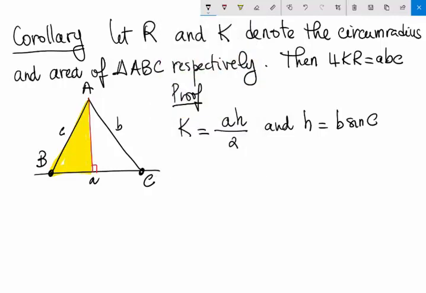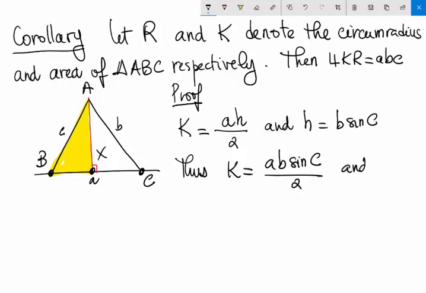I'm going to call this point here X. So thus K must be a times b times sine of C over 2, and it follows that 2K will be equal to ab sine of C.